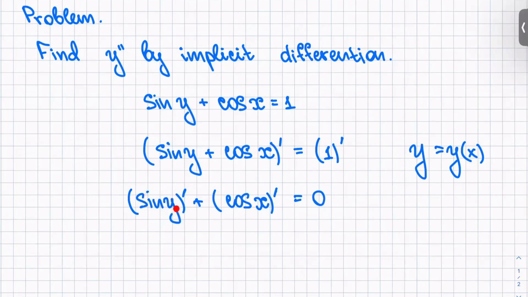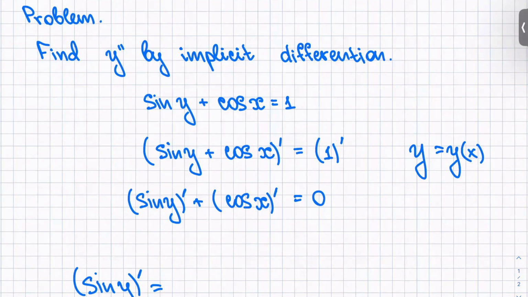So we have here, dear students, to apply the chain rule to be able to find the derivative of the sine y. So let me just here below find the derivative by applying the chain rule of this term sine y. So by the chain rule, we have to do the following.